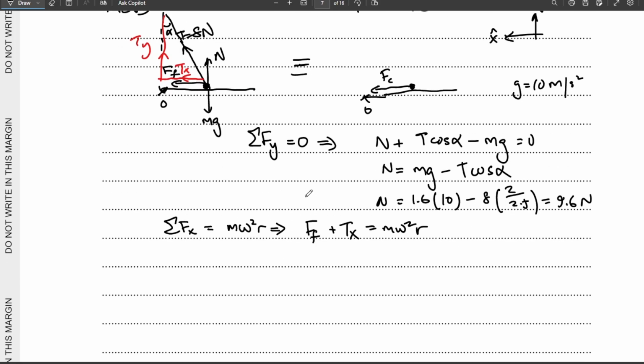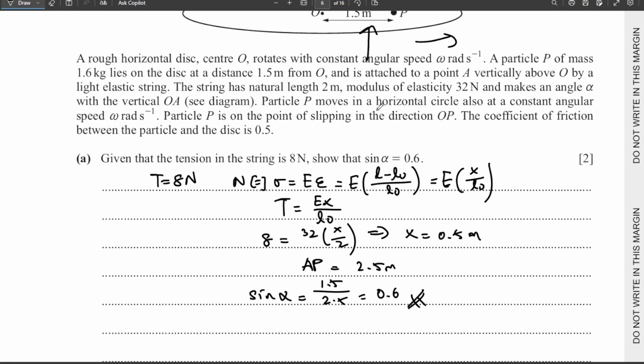FF, you have to memorize the formula: mu N, that's the friction force formula, the coefficient of friction multiplied by the normal force. Then the horizontal tension will be T sine alpha. Sine alpha, we've already proven just now, is 0.6. M is 1.6 again. Omega squared is something we want to find, so we leave it. R is the radius, given in the question as 1.5 meters.